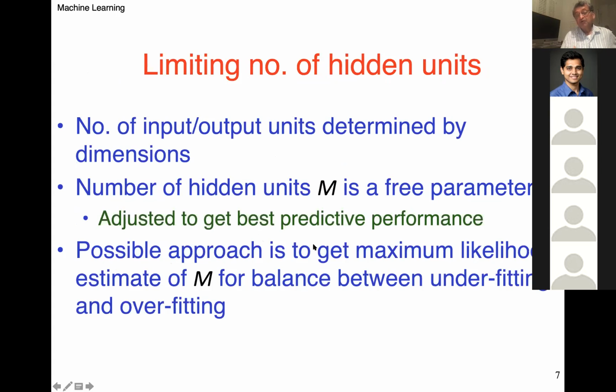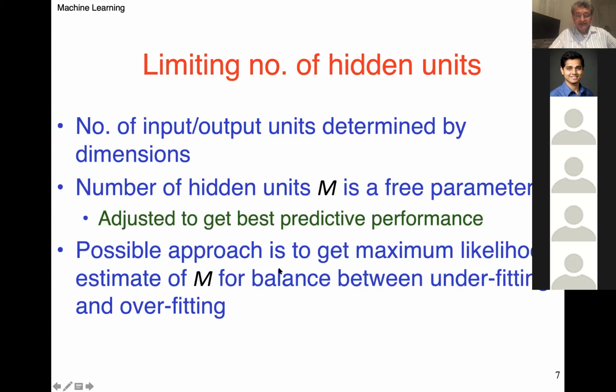You can think of how do I select how many hidden units I need? Well, you could use that graph we just saw. You keep on increasing the number of hidden units and you find the error is going down and down and down. And maybe at some point, as you are adding more and more hidden units, it is overfitting. And so you may want to say, well, at this point, I should restrict.